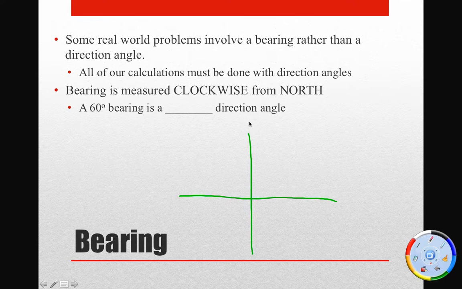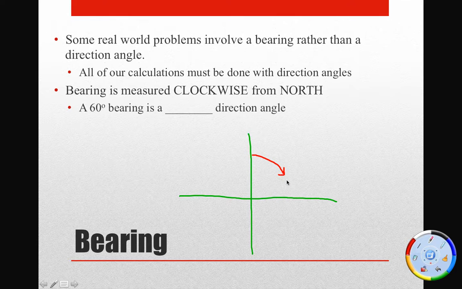If you think about a compass, this is never eat shredded wheat: north, east, south, west. On a bearing measurement, I'm going to get rid of those because I don't need them right now. Bearing will measure in this direction.